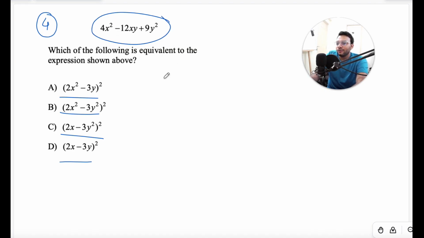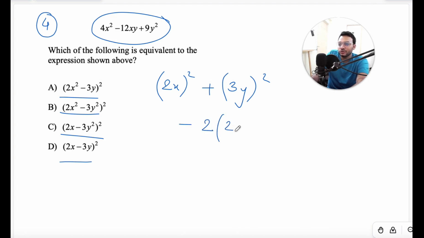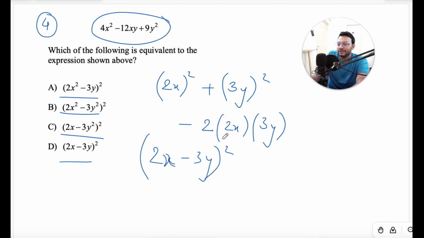So 4x squared can be written as (2x) squared, plus 9y squared can be written as (3y) squared, minus 2 times 2x times 3y. If we check this, 2 times 2 is 4, times 3 is 12, negative 12xy. So this is the correct expression. And what is this expression for? (2x minus 3y) squared. This is what the expression represents. So (2x minus 3y) squared. Option D is the correct answer.